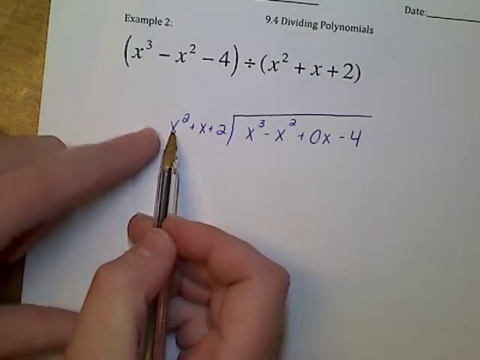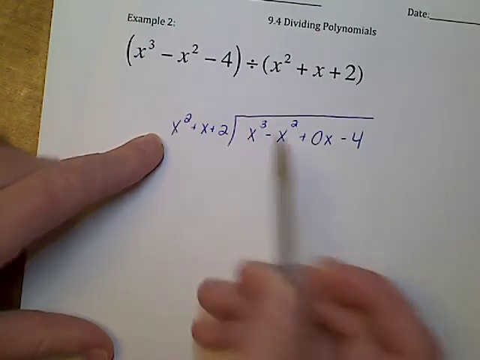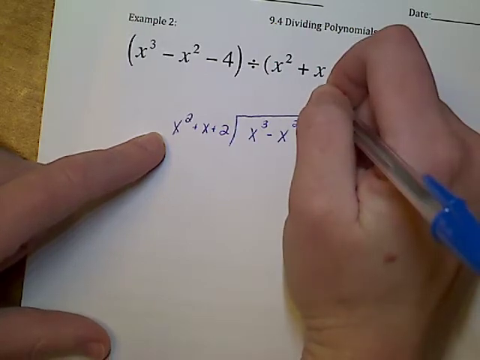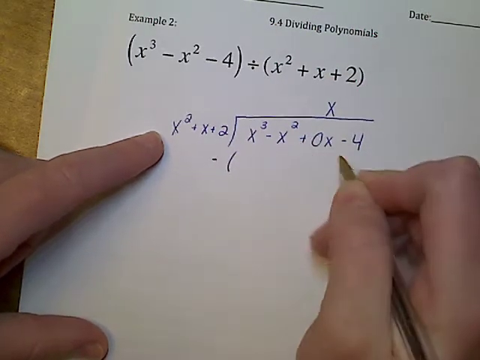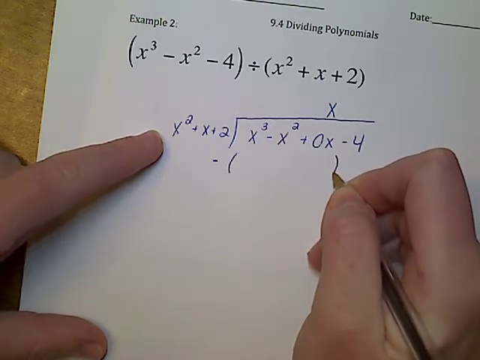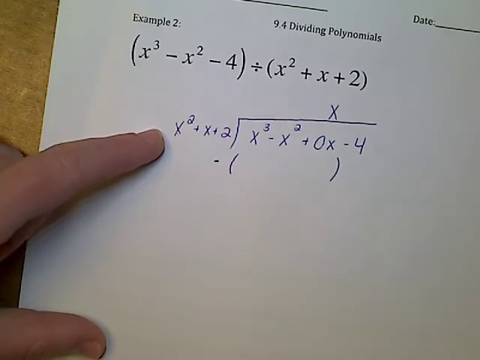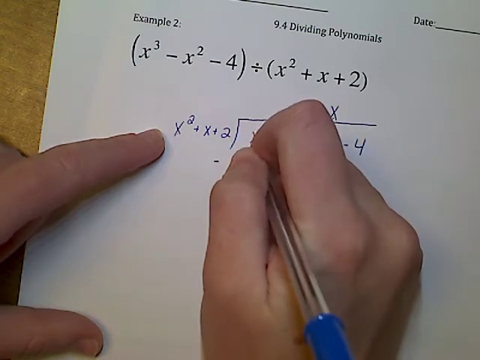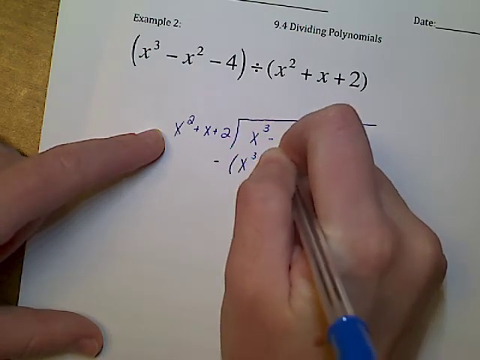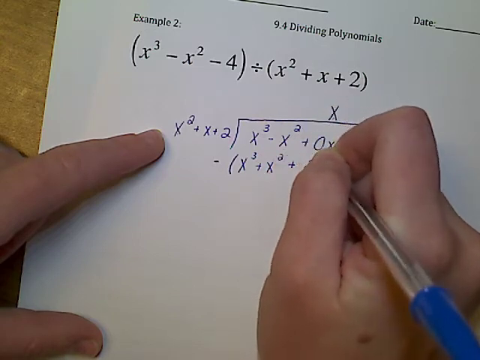So x squared times what gets me x cubed? Well, that answer is just x. Now I make my parentheses go all the way out to the 0x term. And x times my divisor gives me x cubed plus x squared plus 2x.